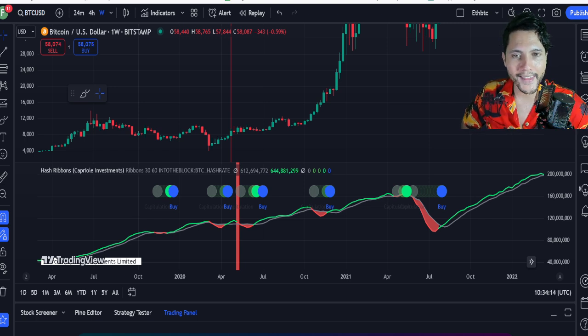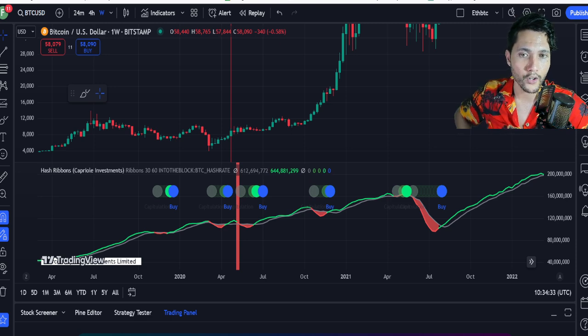Now, why this is the bottom, I don't know exactly. All I can say is that some very smart person realized that when there's a mining capitulation, that tends to be the bottom, for whatever reason. If you have some ideas as to why that is, I'd really like to know.